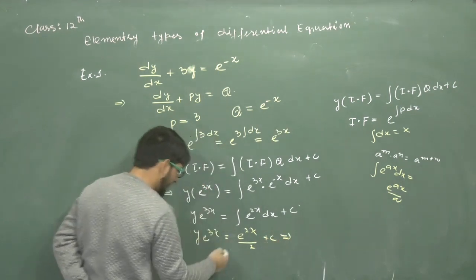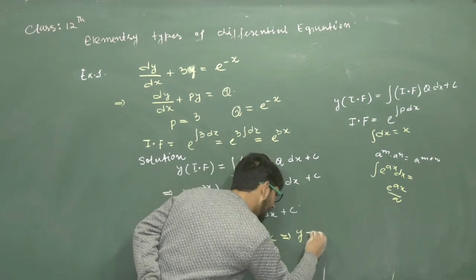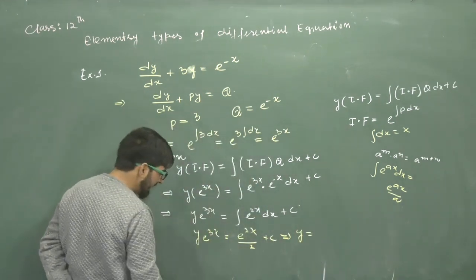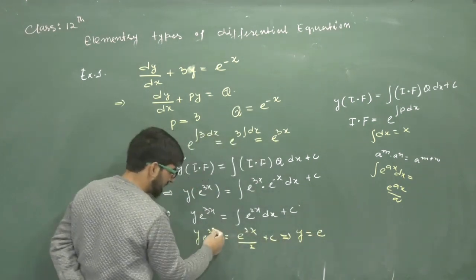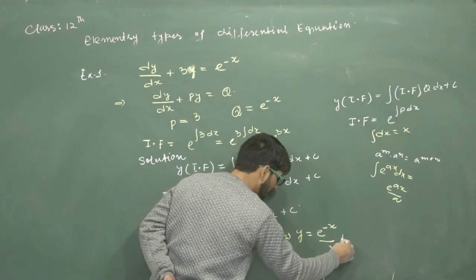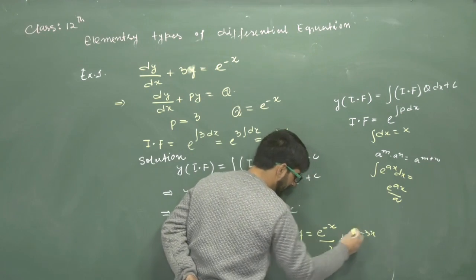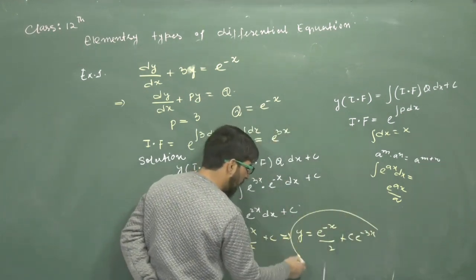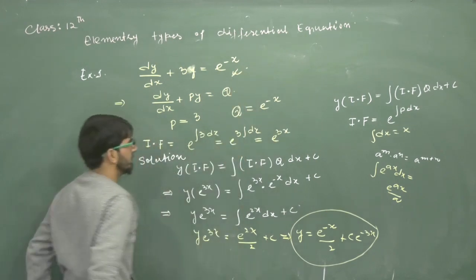So which implies y is equal to, dividing throughout by e raised to power 3x, we will get e raised to power minus x by 2 plus c times e raised to power minus 3x will be the solution of this differential equation.